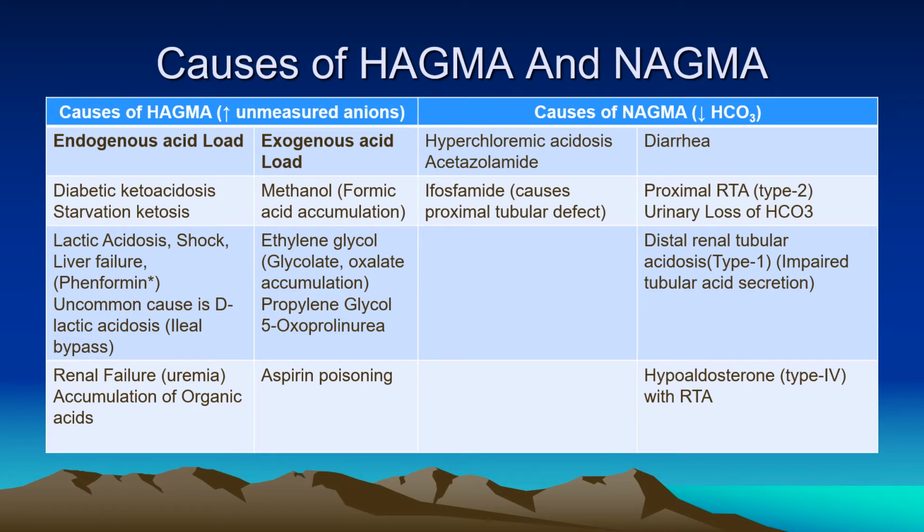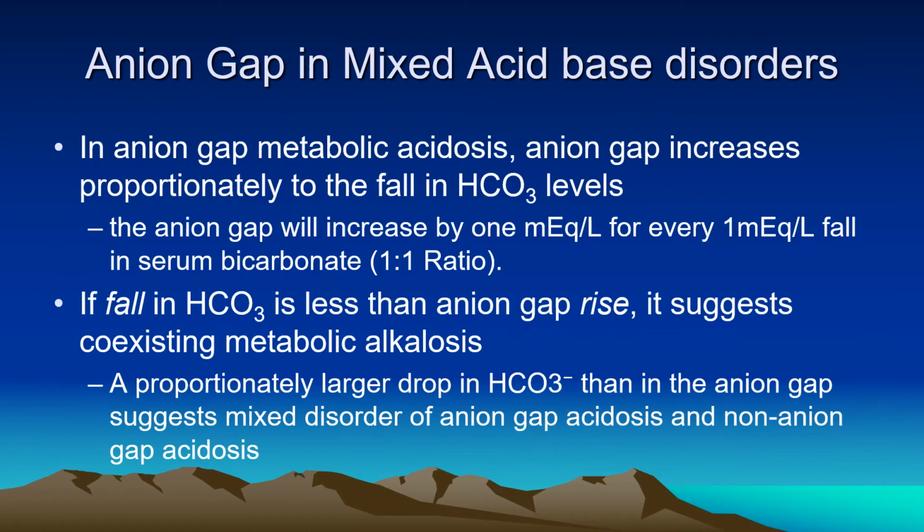Among the renal causes, there could be renal tubular acidosis, proximal variety type 2, distal variety type 1, and type 4, which is hypoaldosteronism variety. All these can cause loss of bicarbonate, but anion gap is normal because it is compensated by chloride retention. So this is how we can find out the causes also.